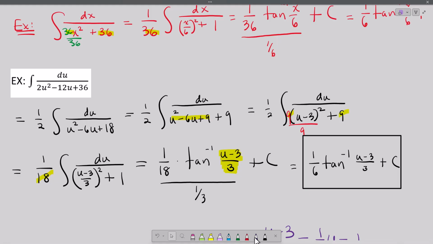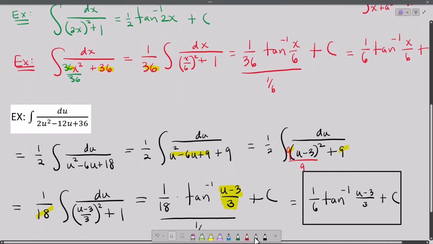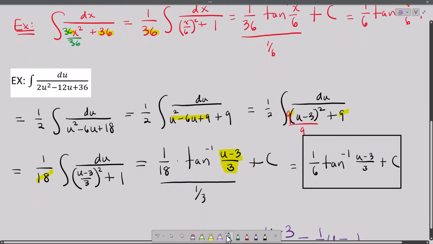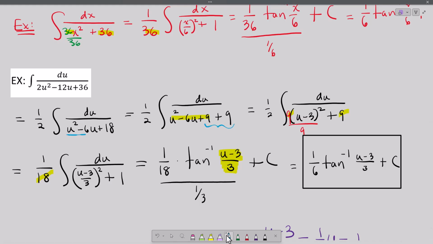Judy, question? I'm just trying to figure out where you factor out the top. This here? No, on the previous step. No, right here. Yeah. How do you know how we make it 9 and 9? So in order to have a perfect square trinomial, you need the constant in the trinomial to be half this coefficient squared.